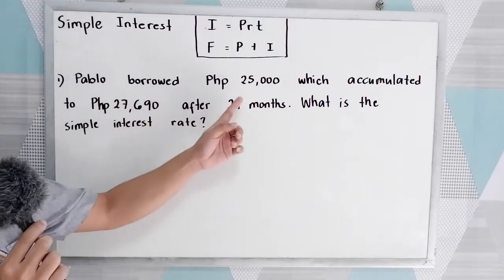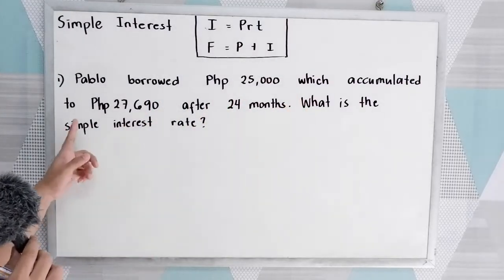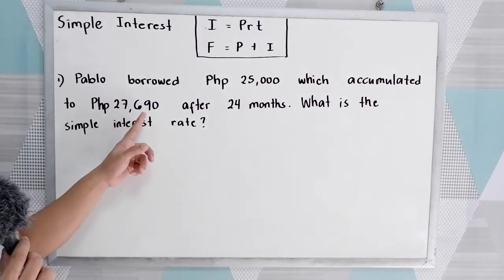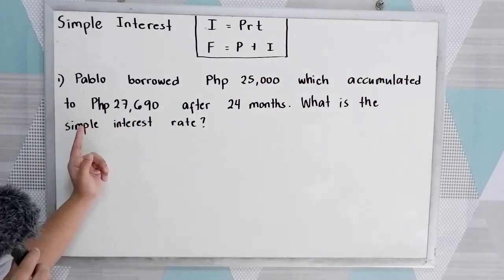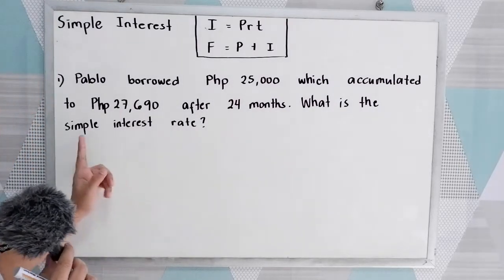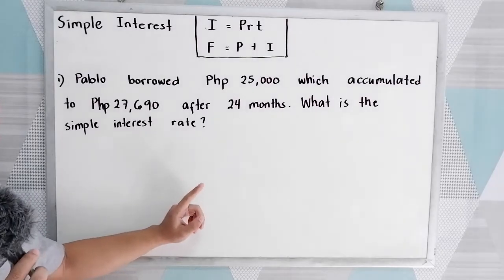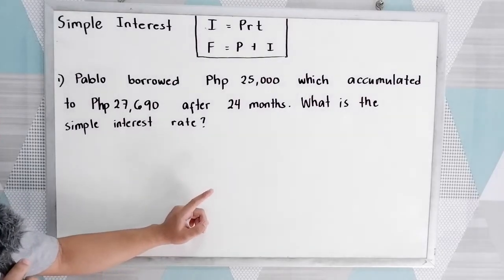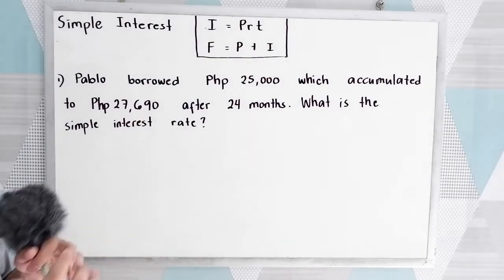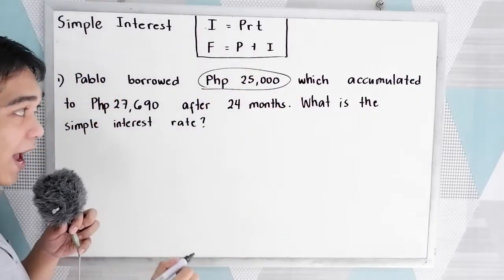Pablo borrowed 25,000 pesos, which accumulated to 27,690 pesos after 24 months. What is the simple interest rate? So, we are looking for the simple interest rate given the principal. So, let us write the given.